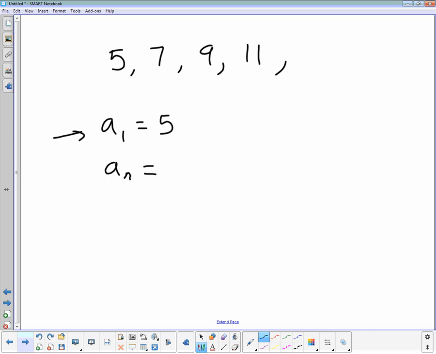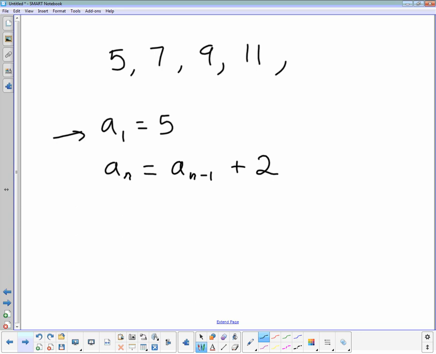You have to have a starting place. If you don't have a starting place, then I don't know where to begin. You're just saying, hey, add 2. Add 2 to what? To the term before it. Well, what's the term before it? I don't know where to begin. You see? So that's how you would write it.